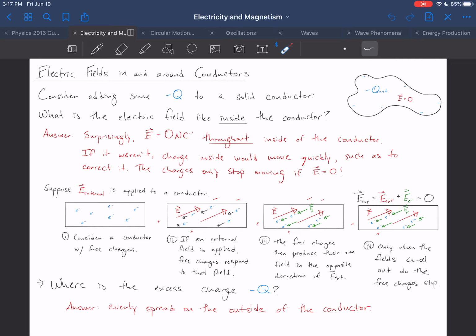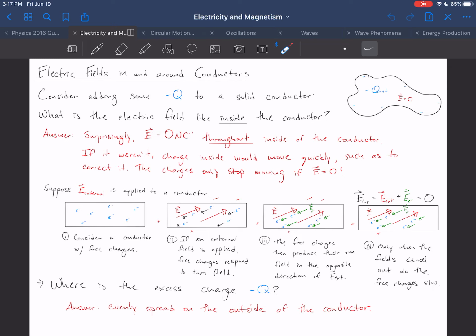But if the electrons and the charge carriers can move in an electric field, they do. And in fact, the key to this explanation is that the electrons will move very quickly, right up to the point that they exactly cancel out the electric field that they would be responding to.